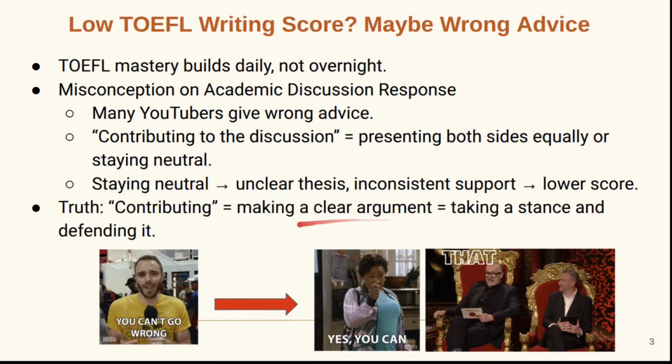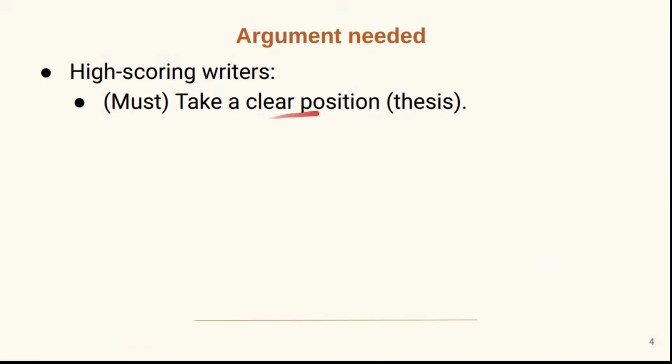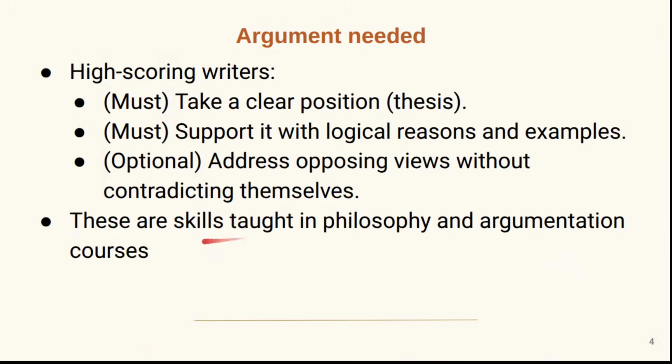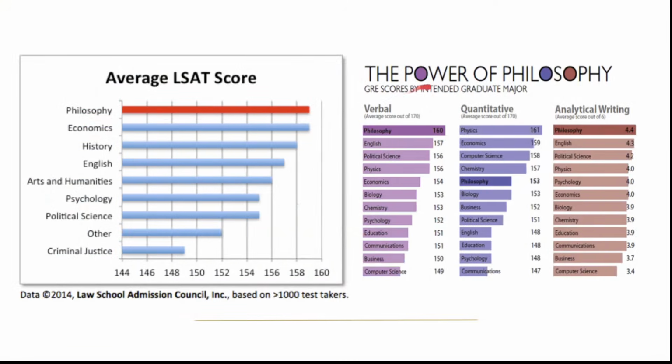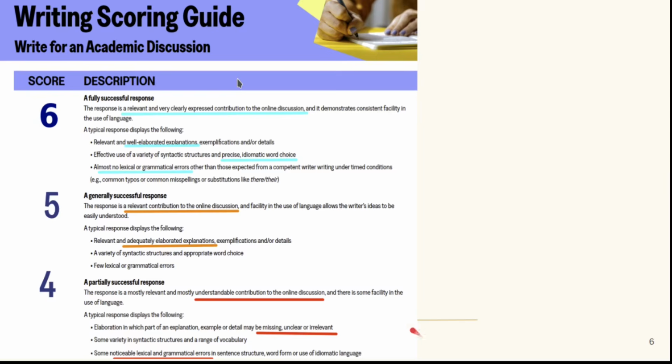This is a skill often taught in philosophy or argumentation courses, which helps explain why many lawyers choose to major in philosophy. These fields train students to take a clear position, support it with logical reasons and examples, identify weaknesses in opposing views, and avoid contradictions. Those are the exact skills required for a high-scoring TOEFL academic discussion response.